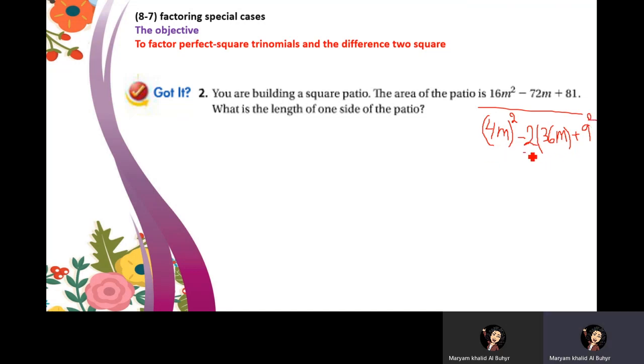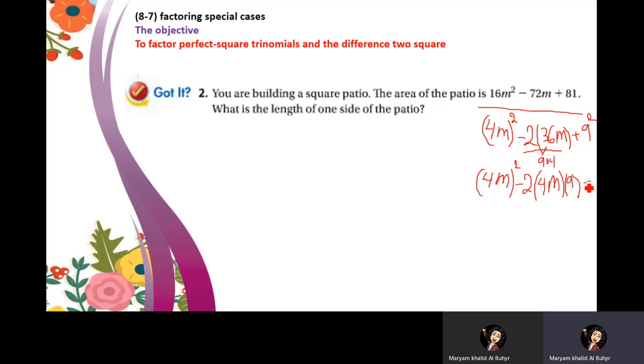Now I can rewrite this part because I need to have this term and this term, 9. So 4m, all this to the power 2. You can factor 36 into 9 times 4. Great, that's what I need. So I will write 4m, I'll just change the order, times 9.